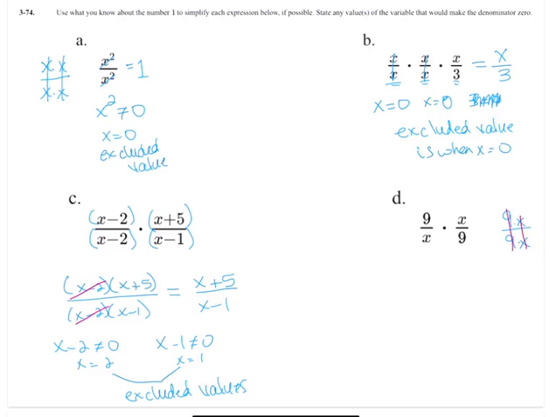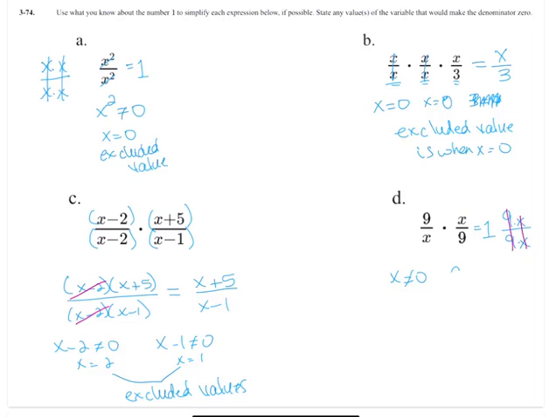Whoops, I guess I put that in the wrong spot, didn't I? We're just going to write here. So what's that going to equal? We know that's going to equal 1. And again, I have to look at my denominators, and none of those can equal 0. So x cannot equal 0.